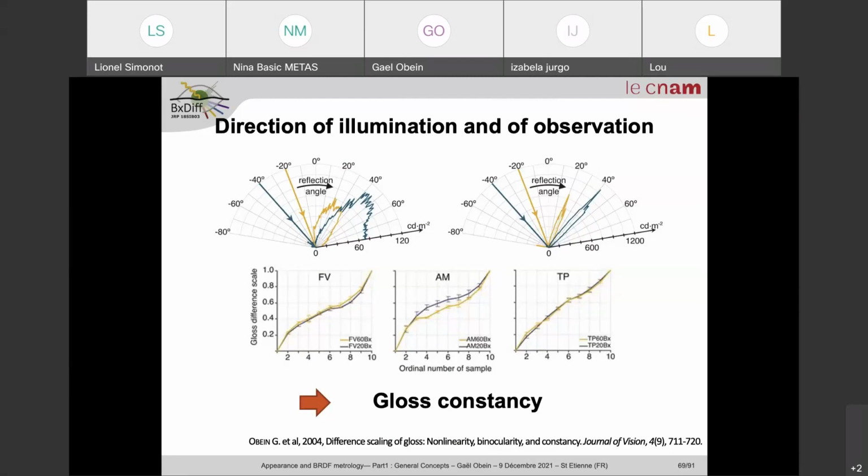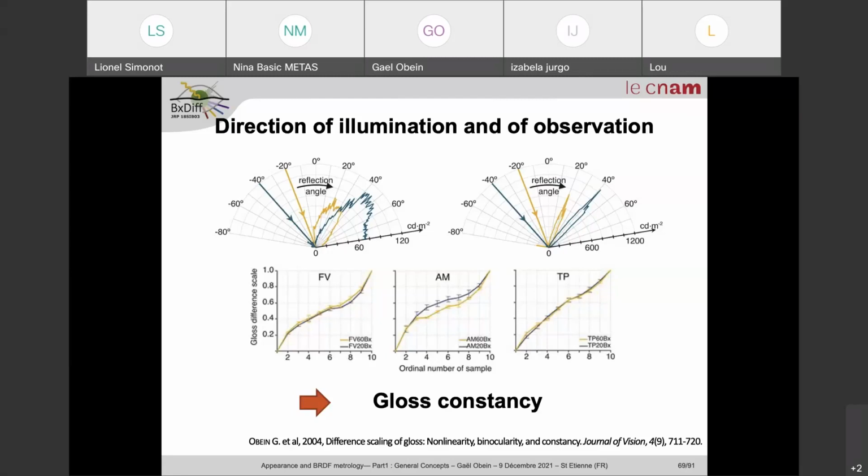That means that even if the direction of illumination changes, here I'm looking at the light, I have an idea of the gloss. Now I'm going here. The peak is completely different because I'm not in the same direction, but in my brain, the gloss is the same. And it's normal because since I was born, I know that the gloss is a property of the material, and it's still the same sample when I move it in the room.